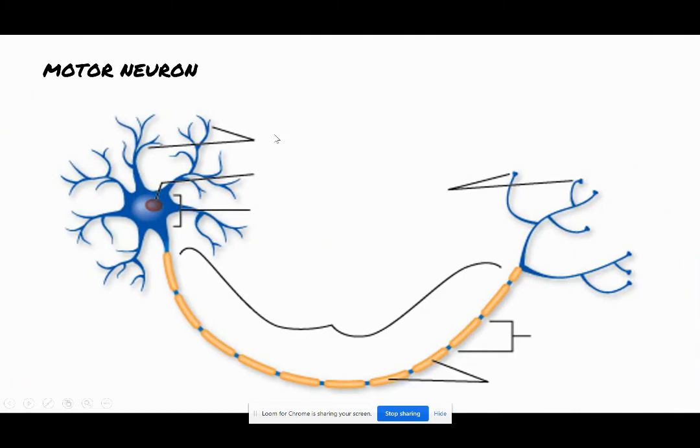Okay, well, maybe I can just write on my screen here. We have dendrites. We have nucleus. We have cell body. We have terminal ends, end branch terminals.